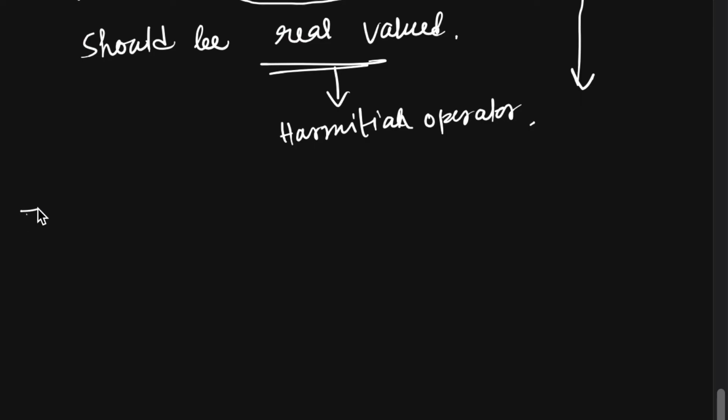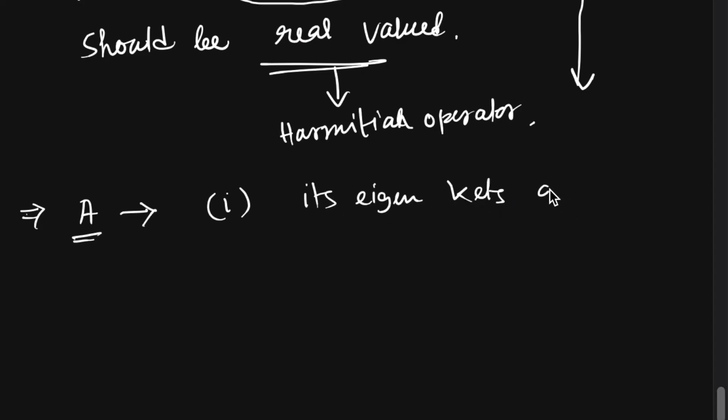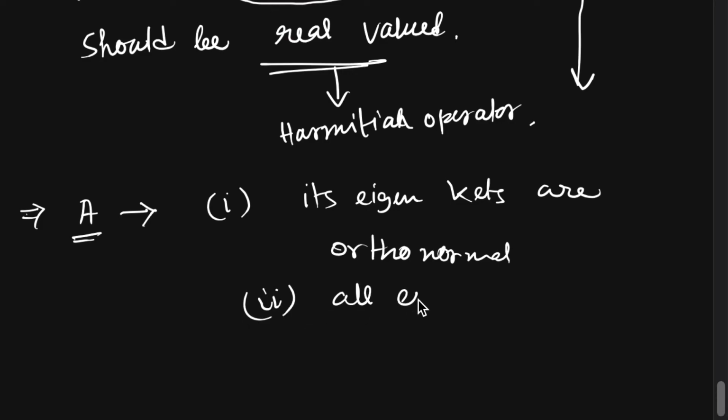So from this, this observable A should follow the two following properties. One is that its eigenkets are orthonormal, and secondly, all eigenvalues are real.